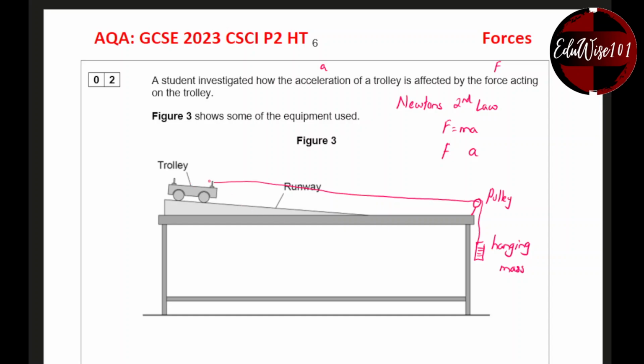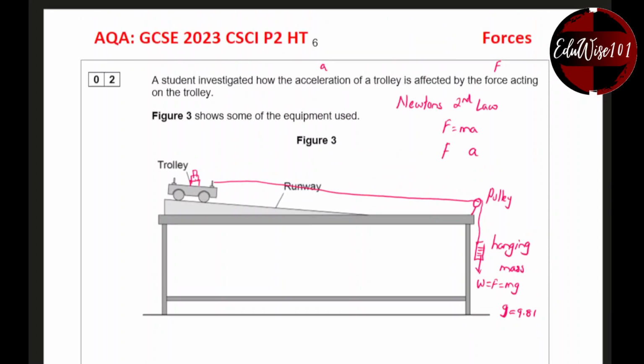And you would have slotted masses here, and you would move the masses from the trolley into the hanging mass so that you're applying the force, which is W, which is the mass multiplied by the gravity, which is g equals 9.81.